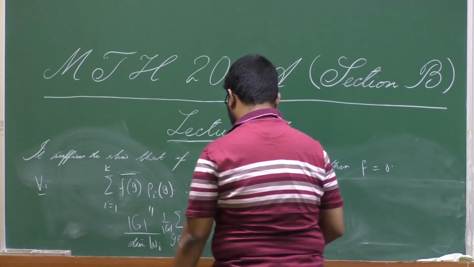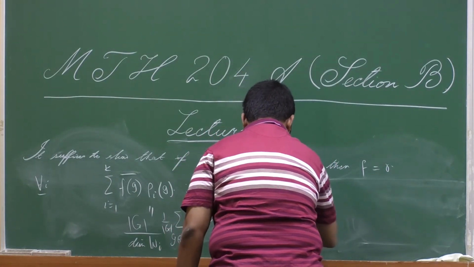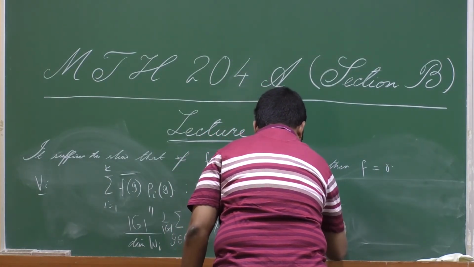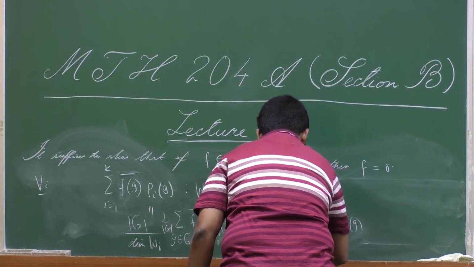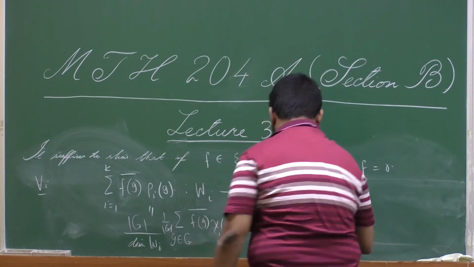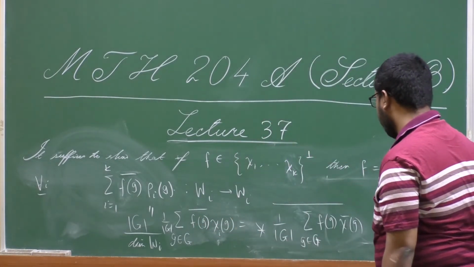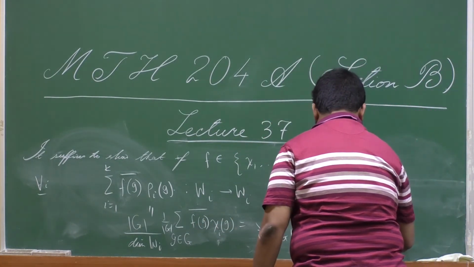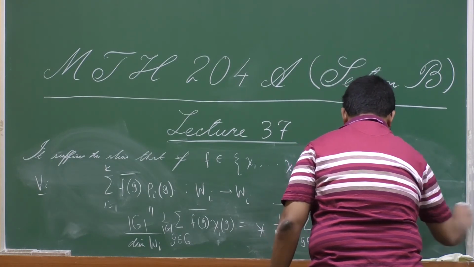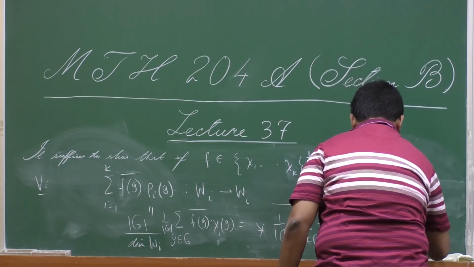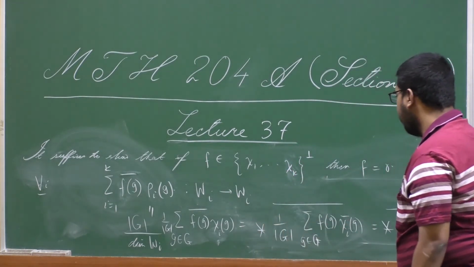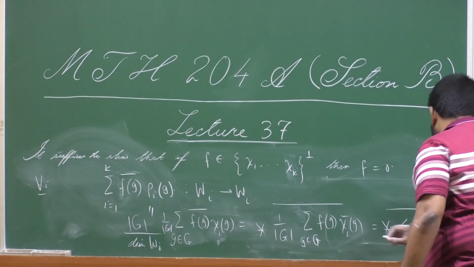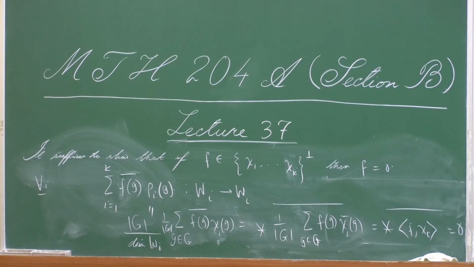We can simply write this as Fg chi bar g, right? This we can write easily, that is not an issue. So hence this is nothing but the conjugation of the inner product of this with chi i. So hence this is 0.